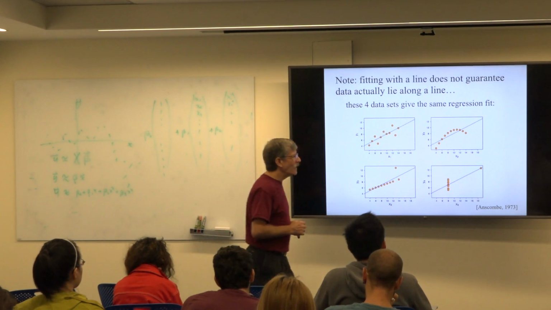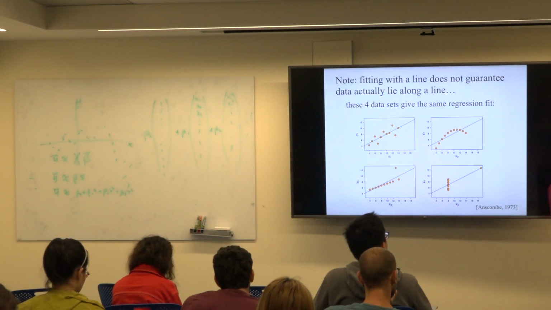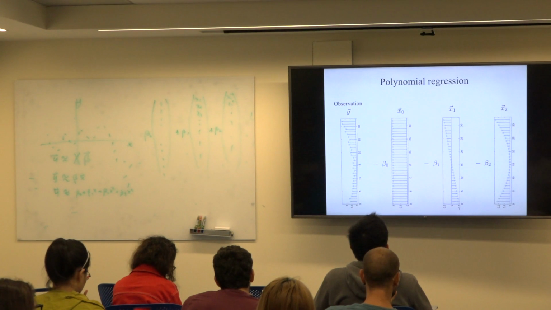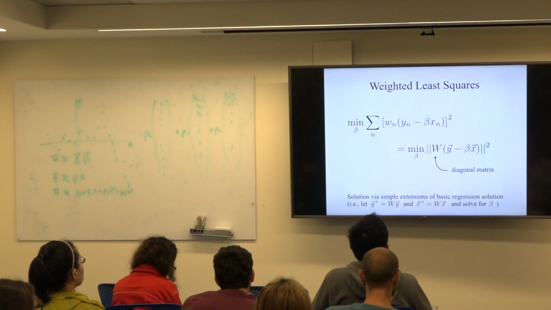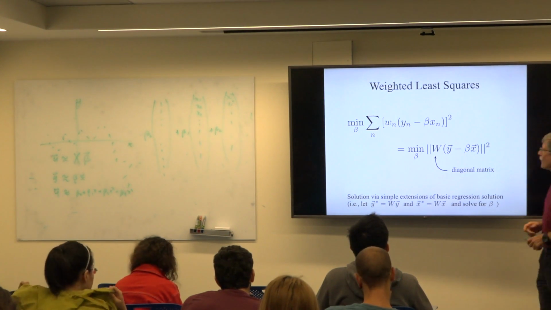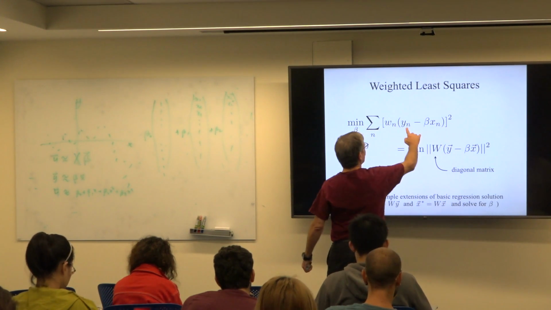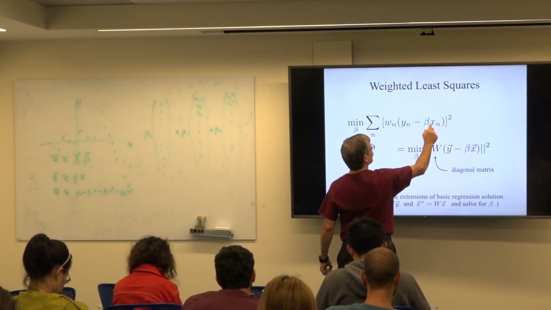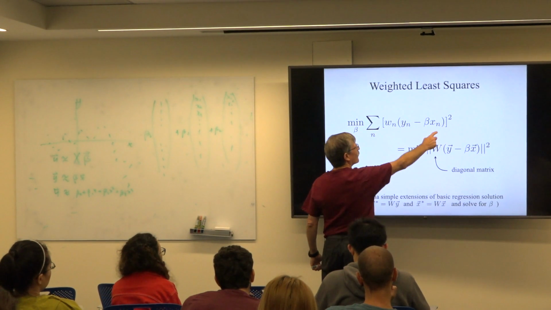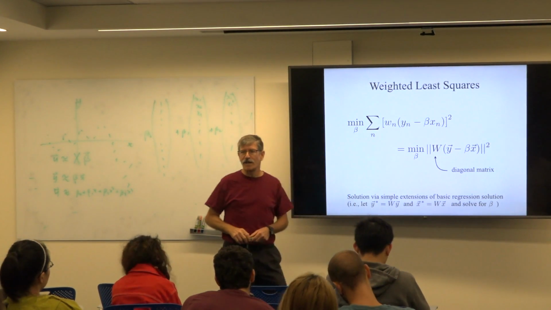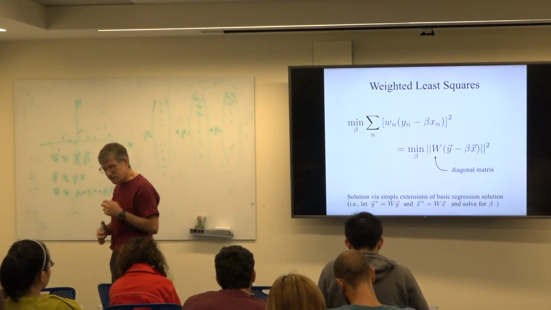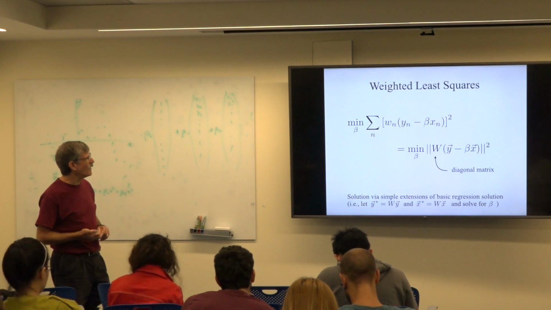So the next problem is the notion of weighted regression. I don't remember if I have a slide for that. Yes, I do. Good. So the idea being, we were trying to get the dependent variables to look like something from the independent variables. And this is kind of the 1D case being written here.